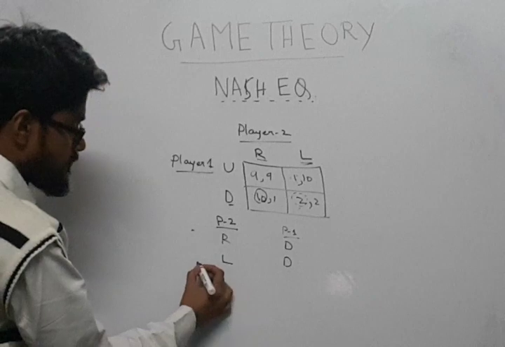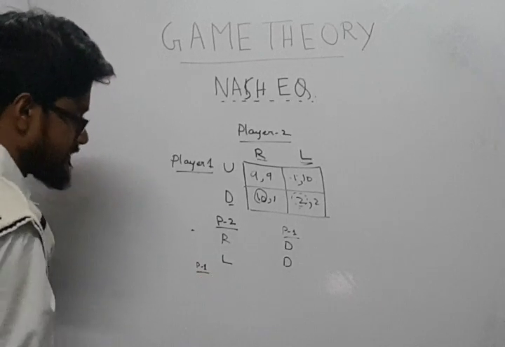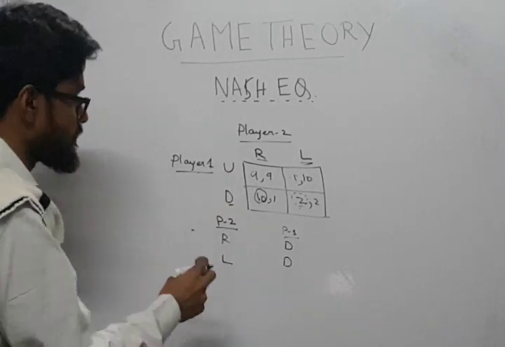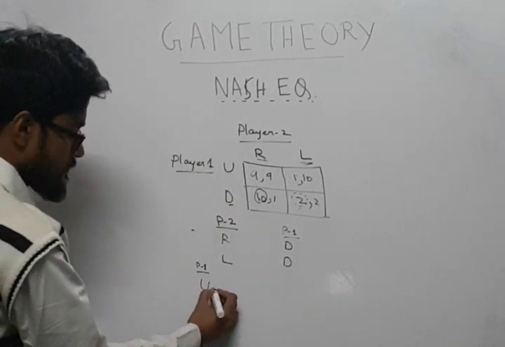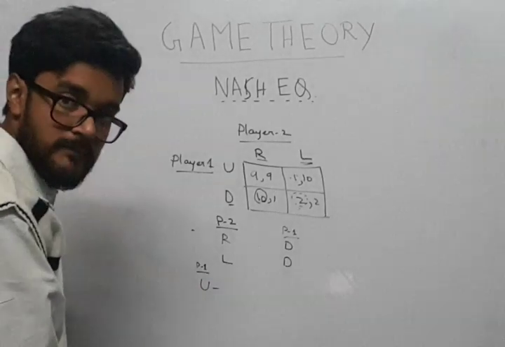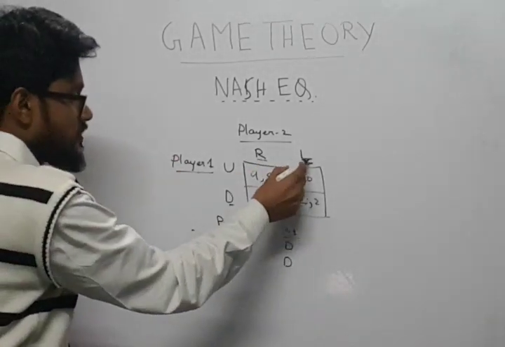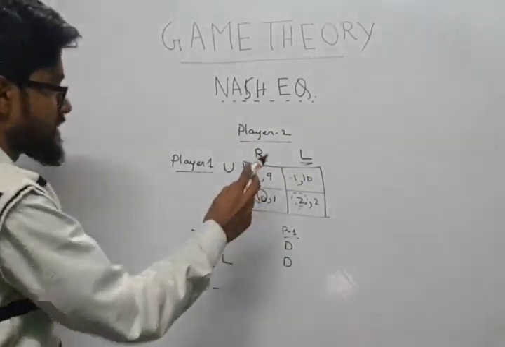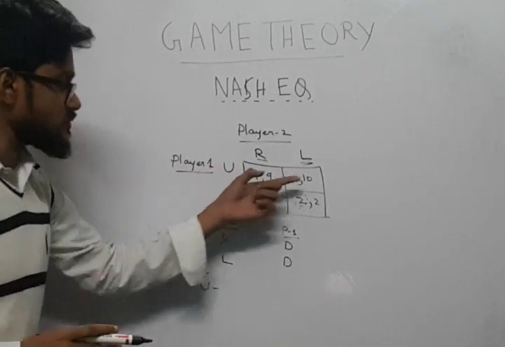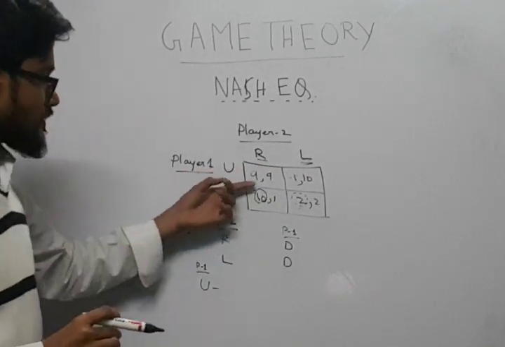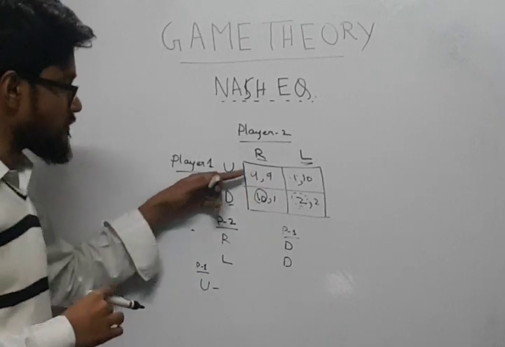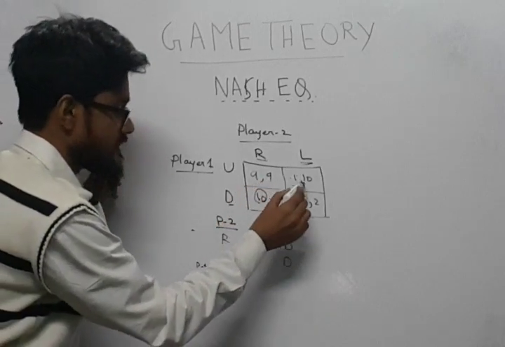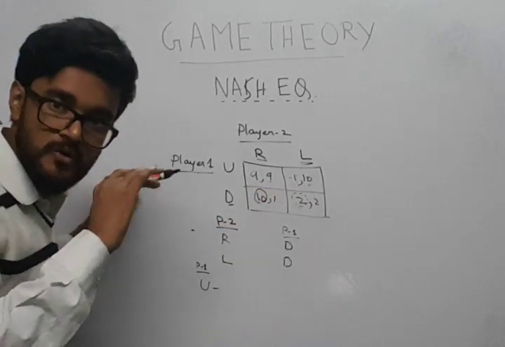Player 1 has two options, either U or D. Suppose player 1 plays U. Now player 2 can play either R or L. When we talk about player 2's response, we always consider the last two numbers of the row.